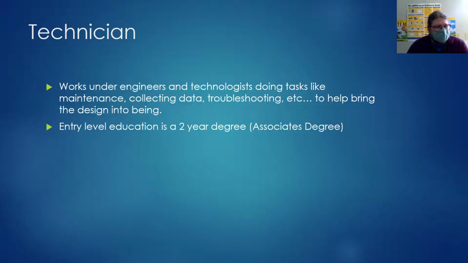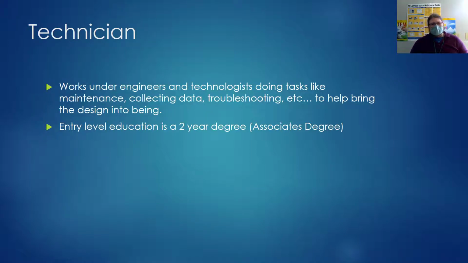So they basically go through and do all the tasks like maintaining the equipment, calibrating, data collection. If stuff's not working, they help troubleshoot it. And they basically bring the design that the engineer produced into actuality, into reality.